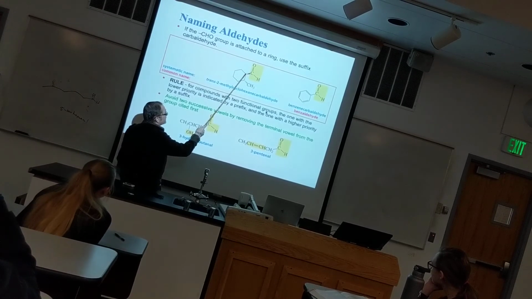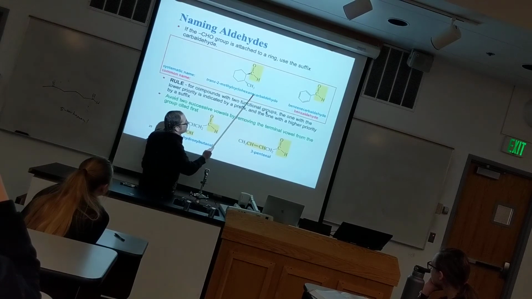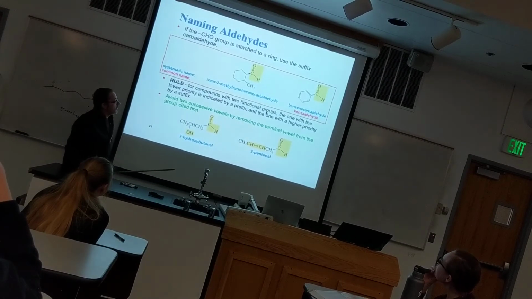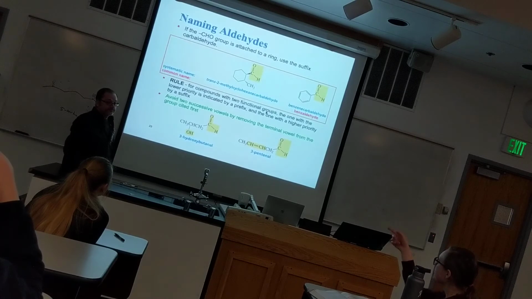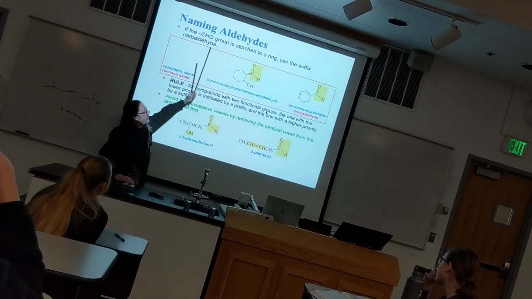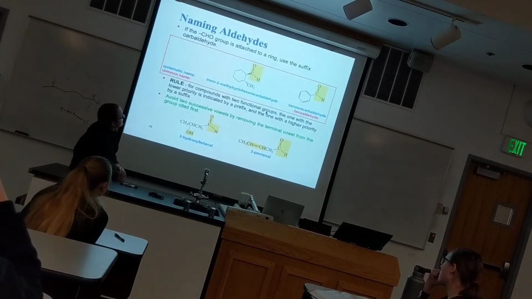So we would call this trans-2-methylcyclohexane carbaldehyde, and you can put the 1 in there if you decided that you wanted to do that and have it 1-carbaldehyde. Yes? So that's strange because of the way it comes out. Yeah, because one is up and the other one is down. One's coming out at you, the other one is going away. Yep. Good point.